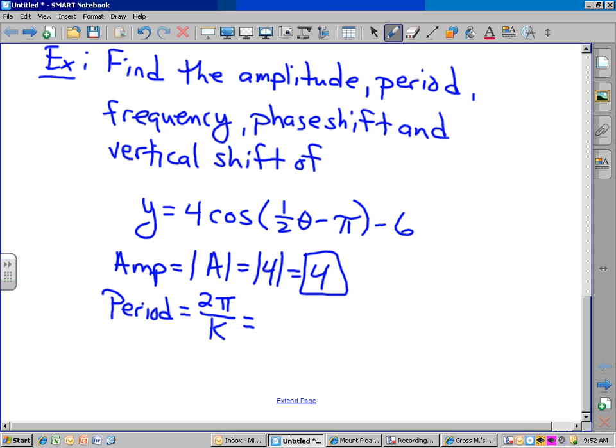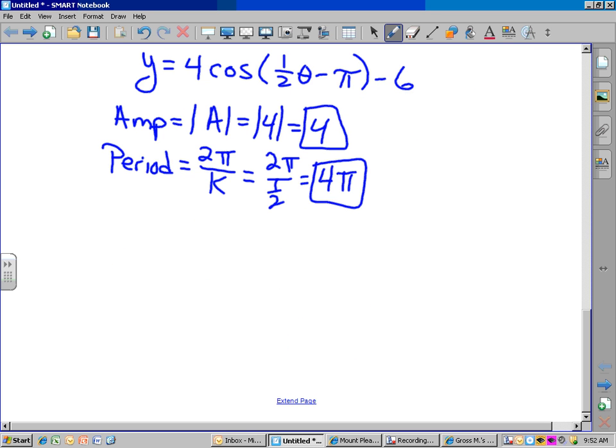K is the number in front of theta, so it's 2 pi over 1/2, or 4 pi. That is correct. Complex fraction, flip multiply. Frequency is the reciprocal of that, so that'd be 1 over 4 pi. There's really no work for frequency. It's the reciprocal of period.